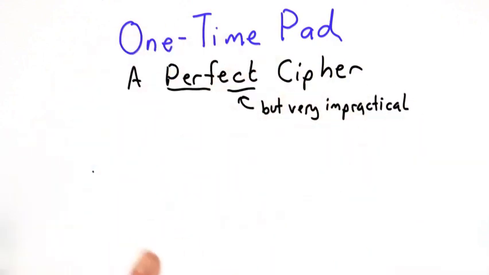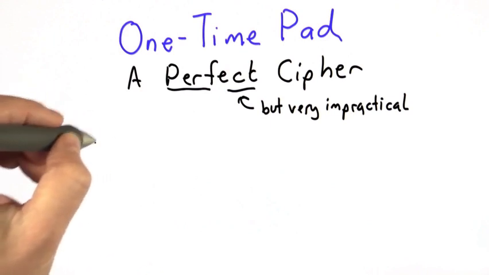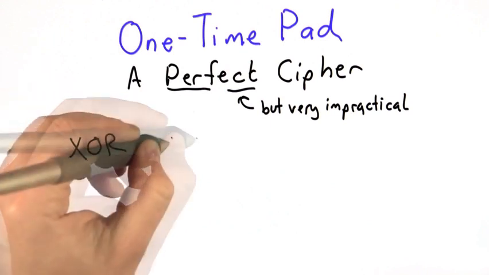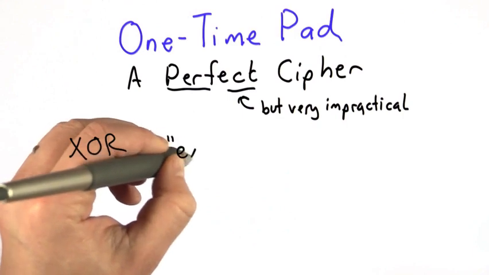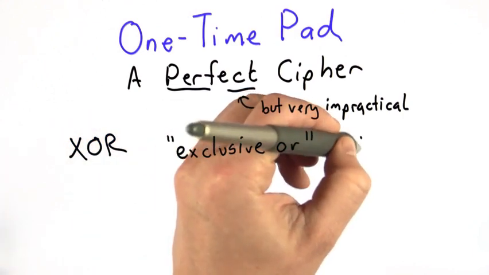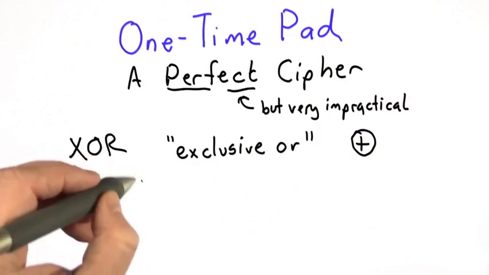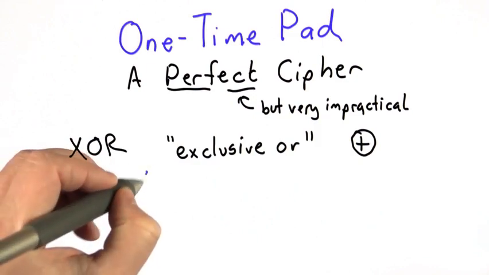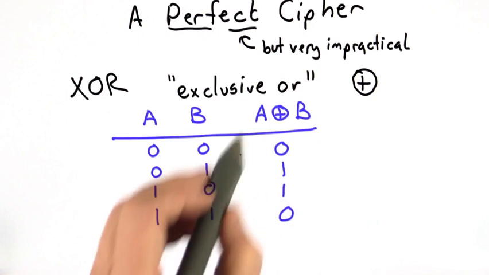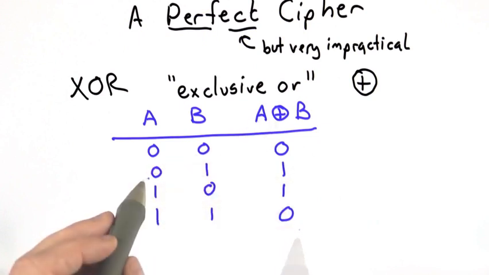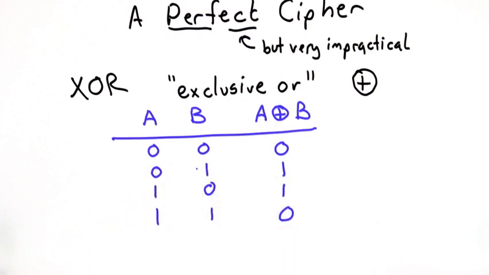So to understand the one-time pad, the first thing we need to understand is the XOR function, which is a name for the exclusive OR. And it's often written as a plus with a circle around it. The truth table for XOR is this. The value of A XOR B is true if one of A or B, but only one of them, is true.